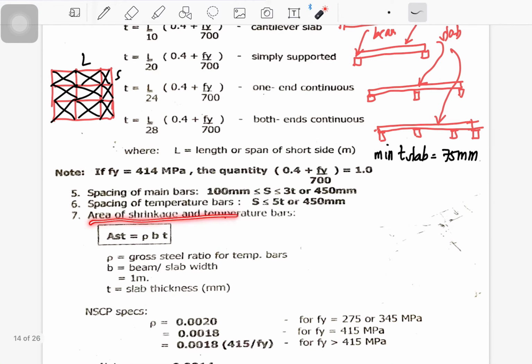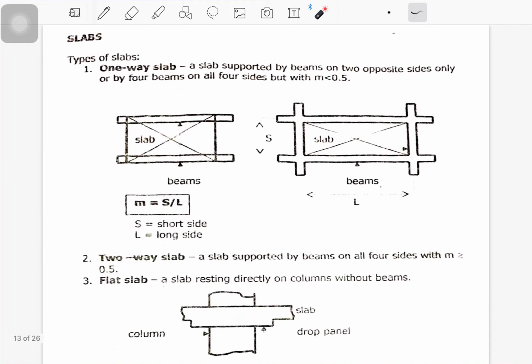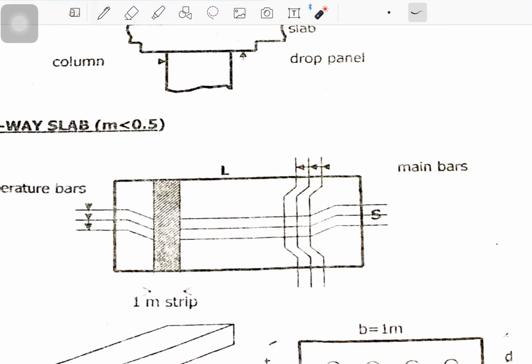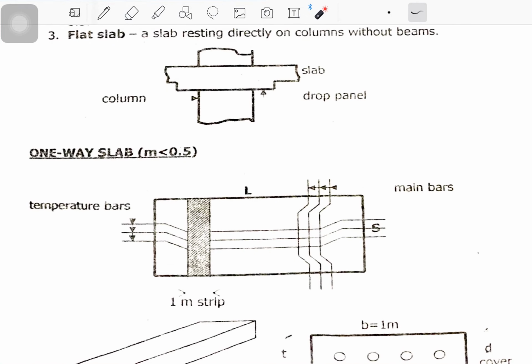Next, number 7 is the area of shrinkage and temperature bar. You will always have to use a temperature bar, since the placing of the reinforcing bars is like this. You have the main bar, and then the temperature bar or the shrinkage bar.